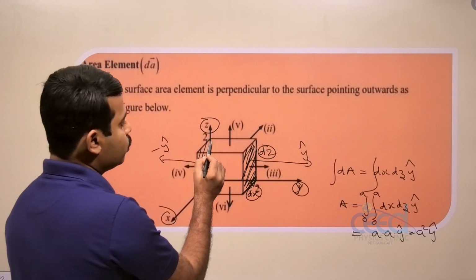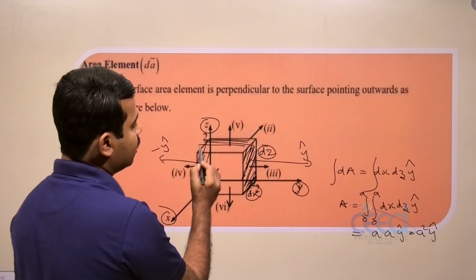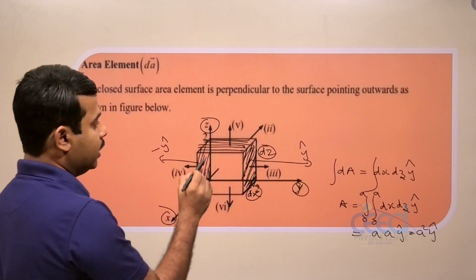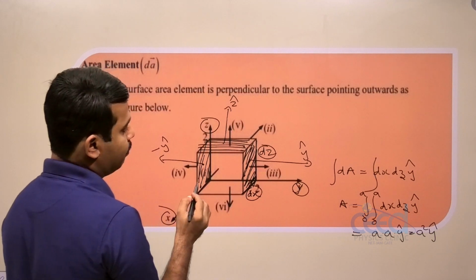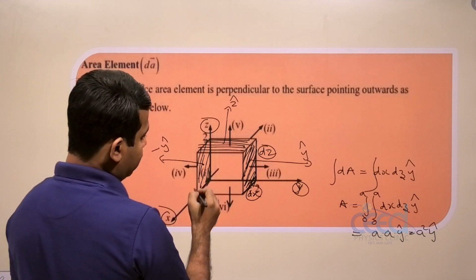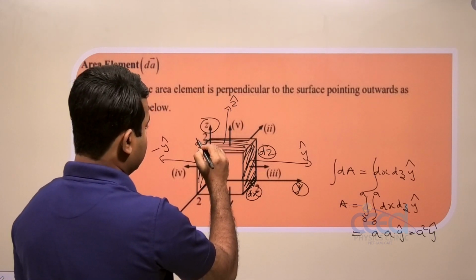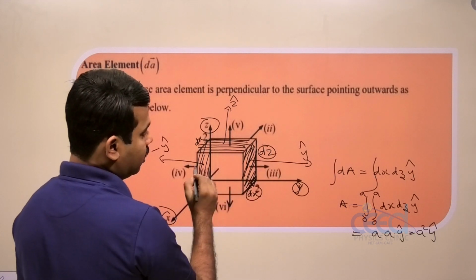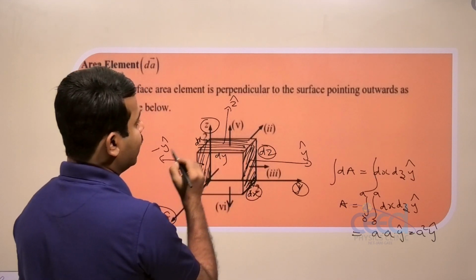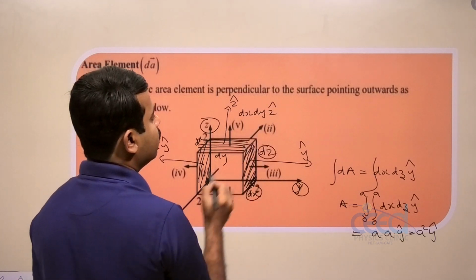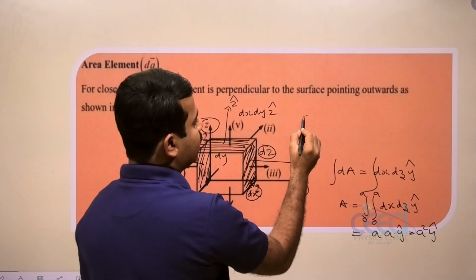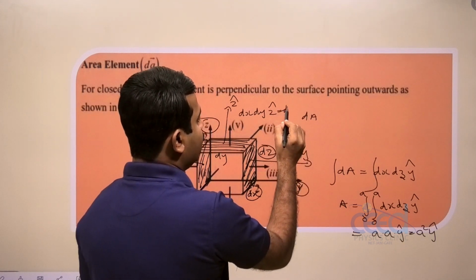Now here if you choose this area, the direction is z cap, and this length is dx, but this length is dy. So this is dx dy z cap, equal to dA.